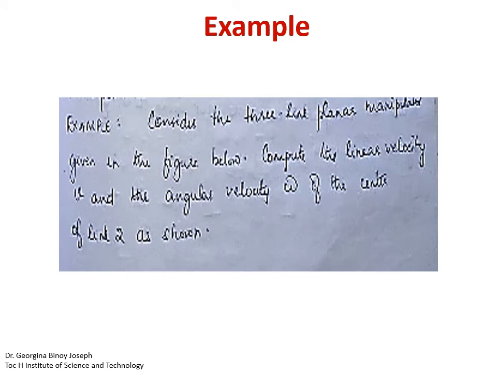Now let us look at a very simple example of a three-link planar manipulator, given in the figure. We are supposed to compute the linear velocity v and the angular velocity omega of the center of link 2. In order to compute v and omega, we saw in lecture 2 of this series, Velocity Kinematics Part 2, that v omega is equal to Jv J omega, that is your Jacobian matrix, into q dot.